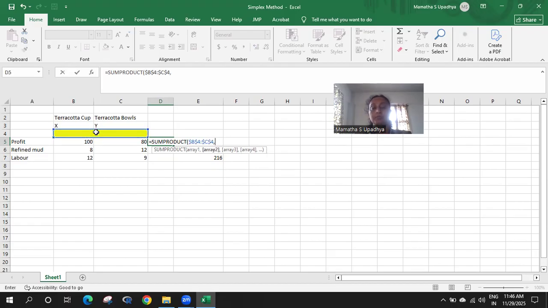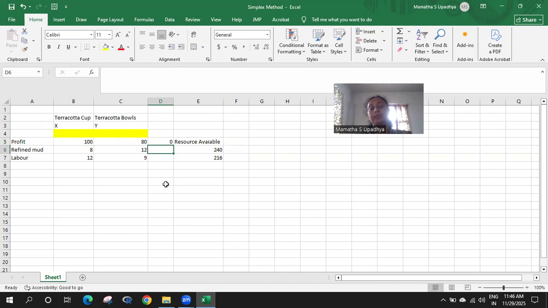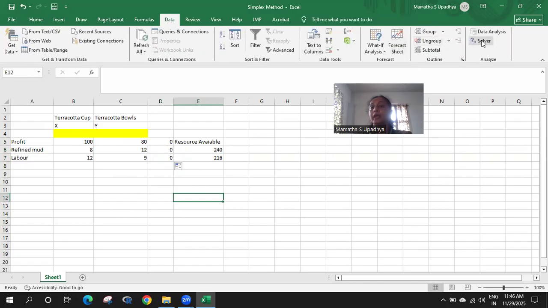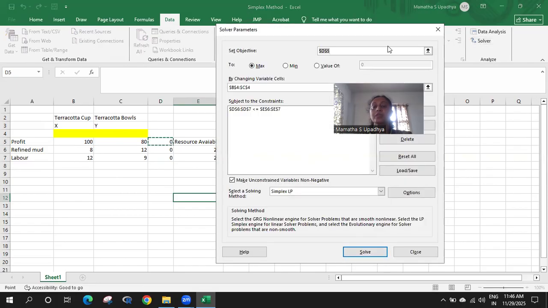Then put a comma and then consider this profit row, 100 and 80. Let us close this and press enter. Now let me put my cursor here and drag this so that we get zeros everywhere. Now let us go to Data and go to Excel solver.